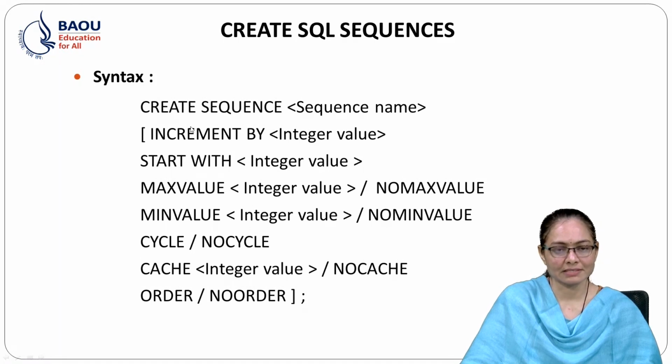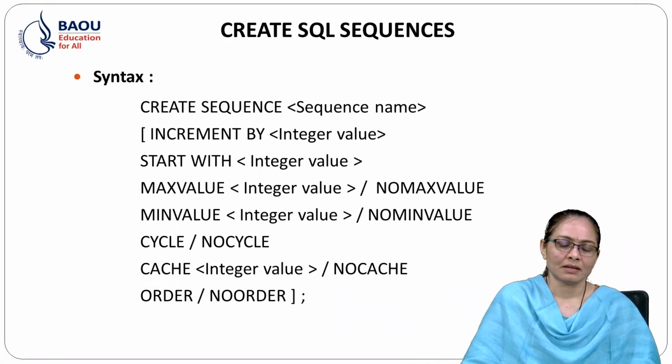But which ones are necessary? INCREMENT BY, START WITH and MAX VALUE. These three options are necessary. The others are optional. If we do not provide the minimum value, cycle, cache, order, then it's okay. It will still generate.